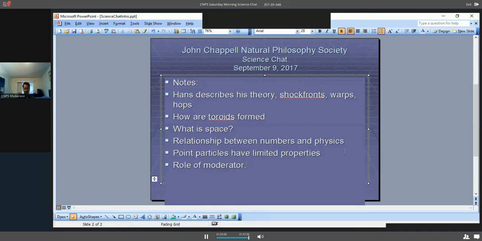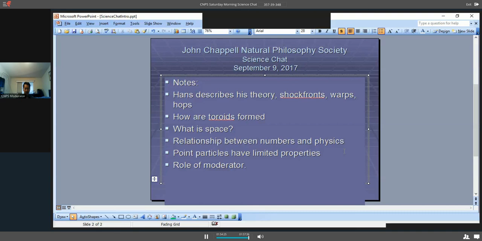Then we got into the discussion of how point particles may work, and that they would have limited properties. So once again, as Hans pointed out, I think mainstream physics does describe a lot of what goes on in physics correctly, but we do have this problem with trying to find out what the whys are.